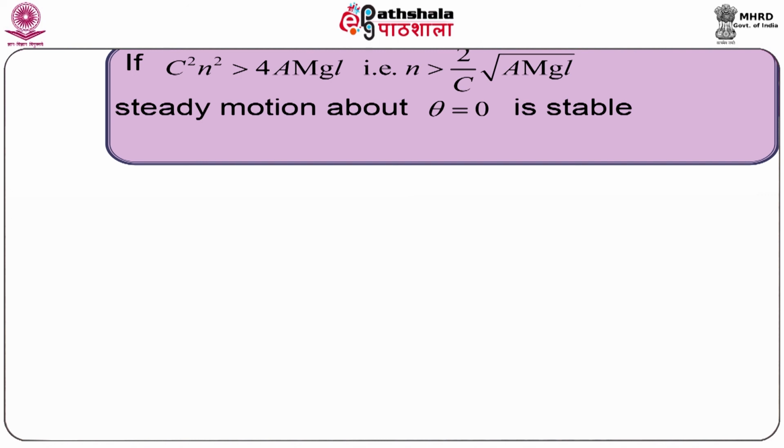Then the state of steady motion about theta equal to 0 is stable. Why? Let us check. From this expression, if n becomes larger than this quantity, then the negative sign remains in this equation. So, the top executes simple harmonic motion, that is why it is stable.